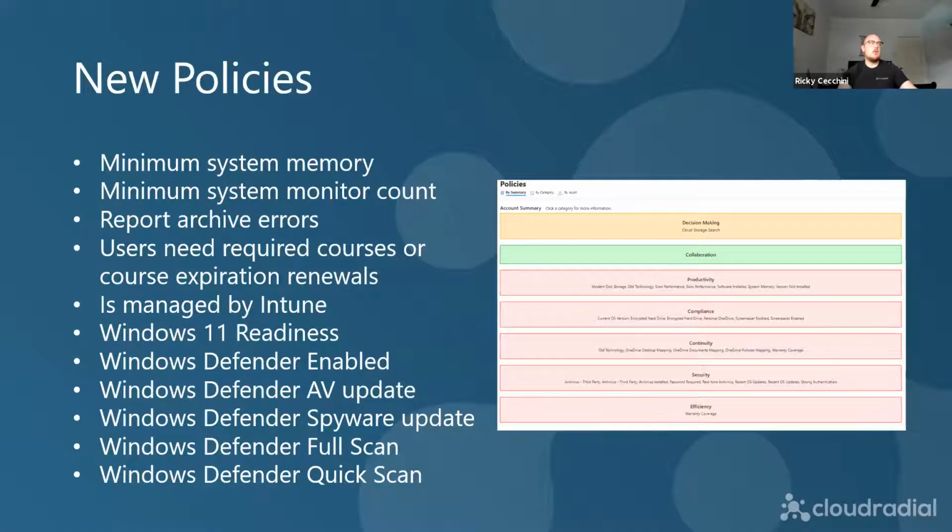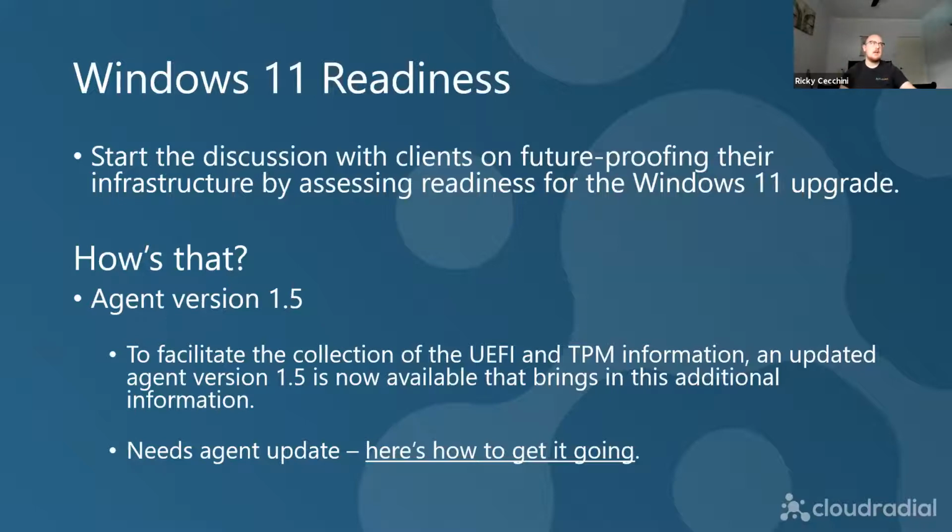All right. So speaking of, this is tacked onto that Windows 11 readiness. Windows 11, obviously, is a new OS, and Microsoft is doing a big thing about that. So what we thought would be a neat idea is if we could help you start the discussion. Obviously, the policies are there to help do that in the first place. Windows 11 is actually a policy in and of itself in those new policies, but we made it so they can actually see that directly from that agent information, as I'll pull back my screen and show again.